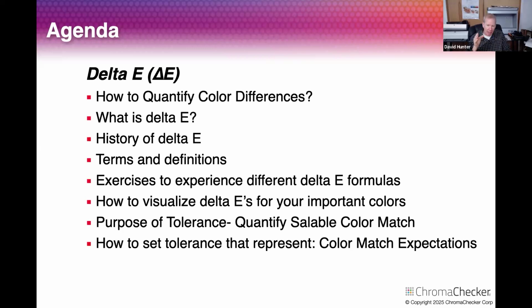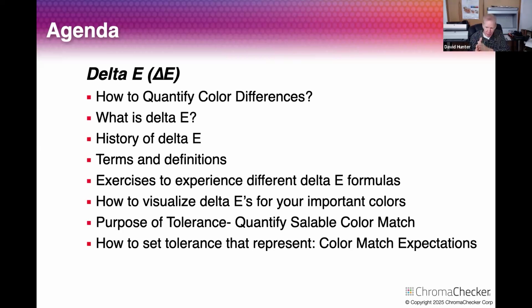And for quantifying your color expectations, you've got to be able to see what the color differences are. And that's the whole purpose of a tolerance, is to be able to quantify a sellable color match. So a customer can say, you need to make Ritz red within 3. And everyone knows what a 3 is.